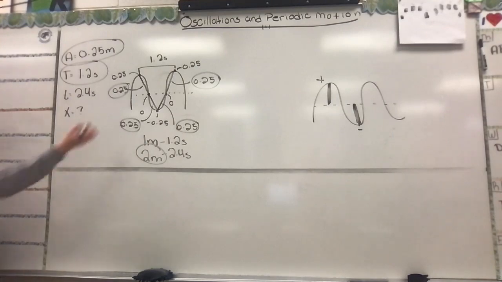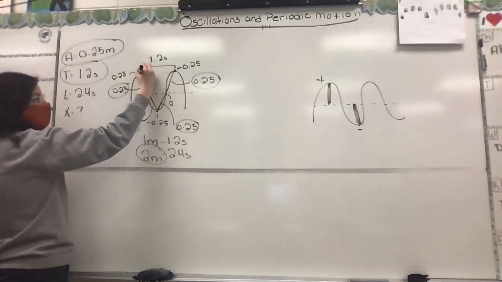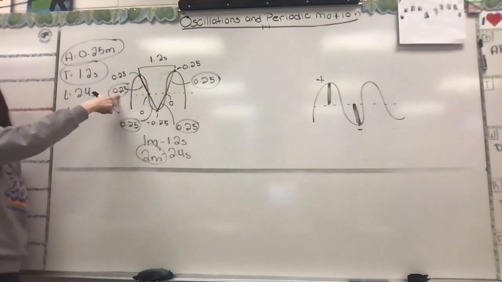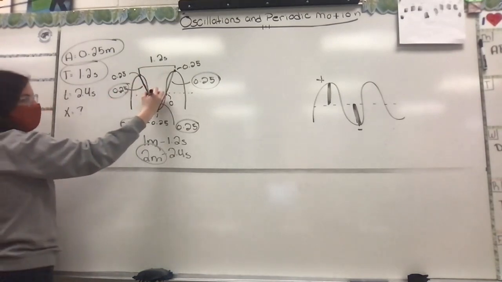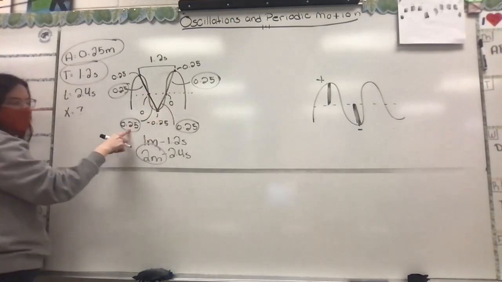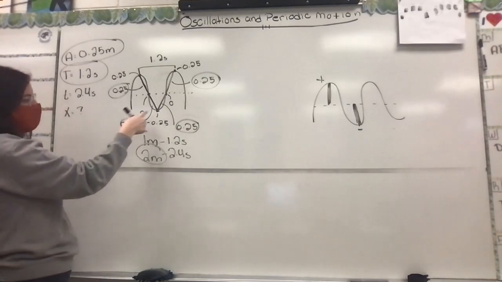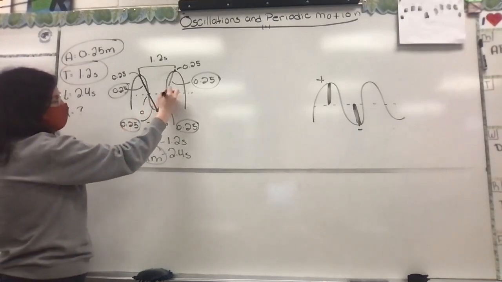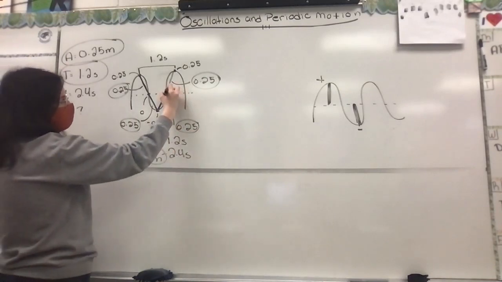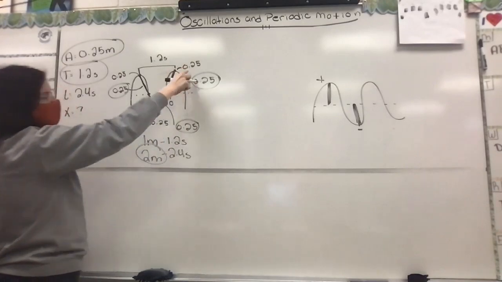Yeah, because see, when we go through a cycle, we start at one place, and then we go to equilibrium. So that's one portion, and that's how far we went. Then once we reach equilibrium, we're going to go past equilibrium another 0.25. Then once we've gone past equilibrium, we want to go back towards equilibrium, and that'll cover another 0.25. And then once we get to equilibrium, our goal is to get back to where we started, which is back at 0.25.